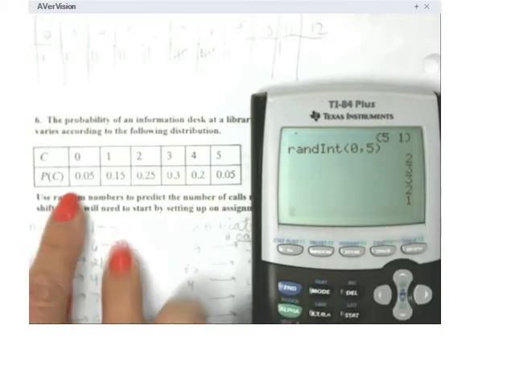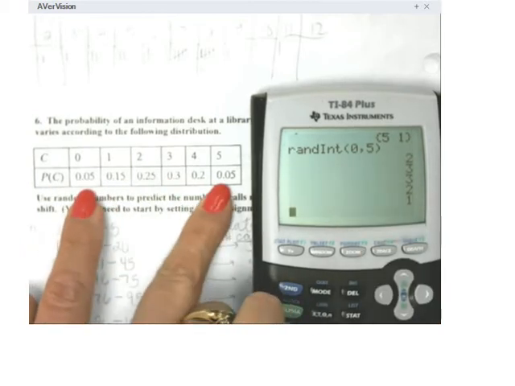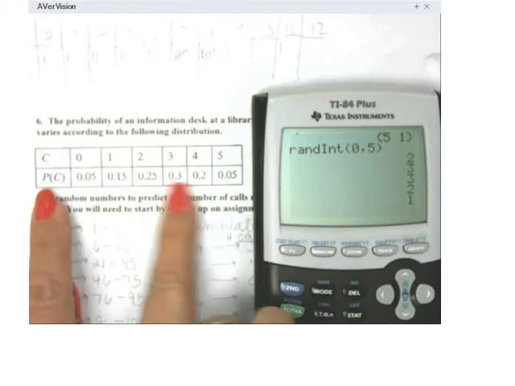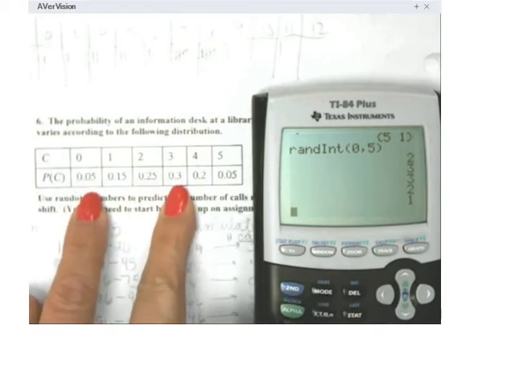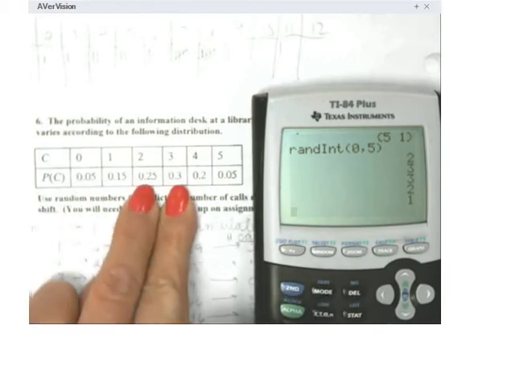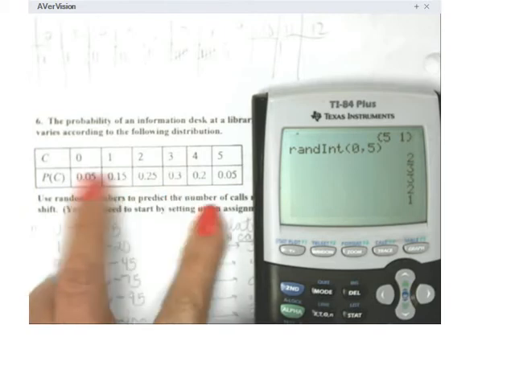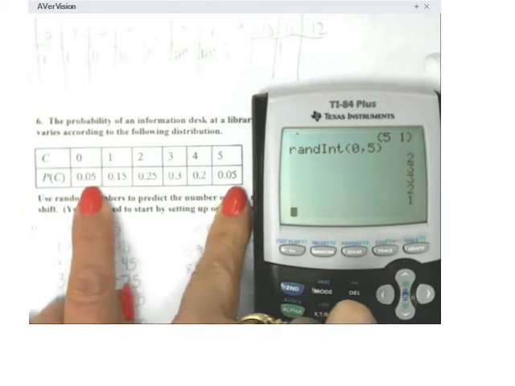We actually know that the likelihood changes depending on which value you have. 3 should come up more than any other number, 2 should come up in the next likelihood, and 0 and 5 should only happen about 5 out of 100 times.